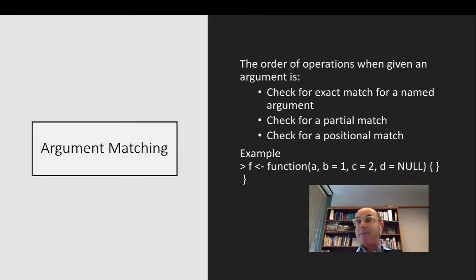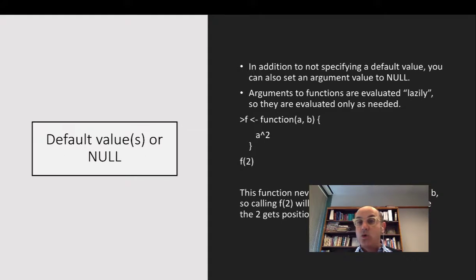First, it checks the exact match of the name of the argument. Then it checks the partial match. Then it checks the positional match. For example, in this case, function A and B, and I'm closing the position. So this is really important in order for us to do that.